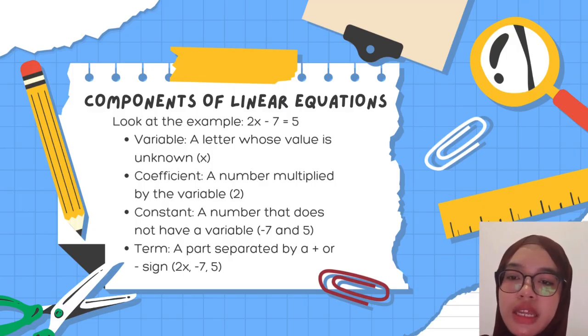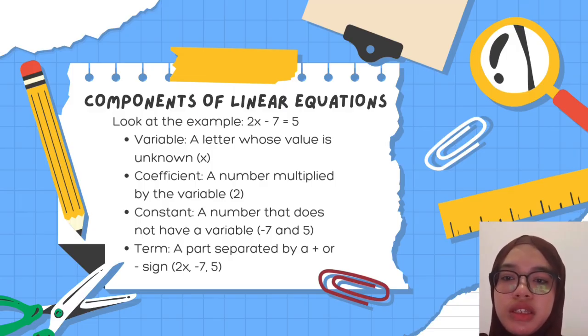And the constants are numbers that do not have a variable, minus 7 and 5. The terms are separated by a plus or a minus: 2x, minus 7, and 5.